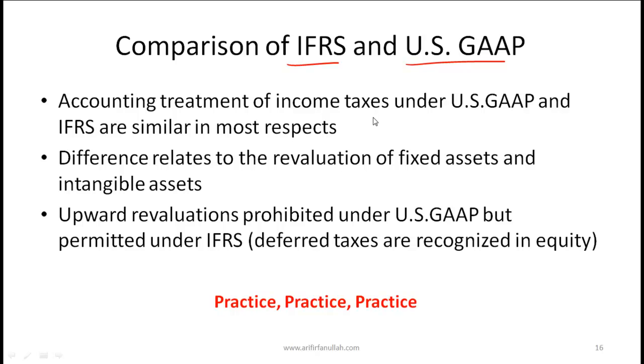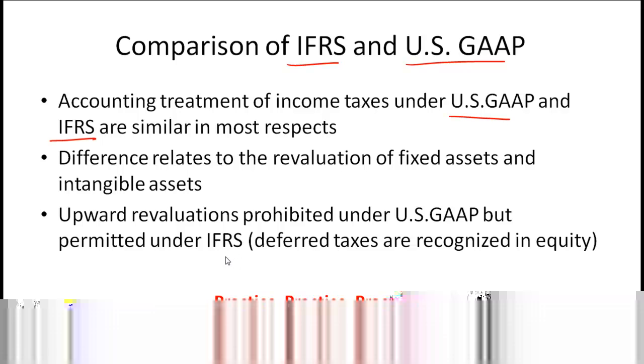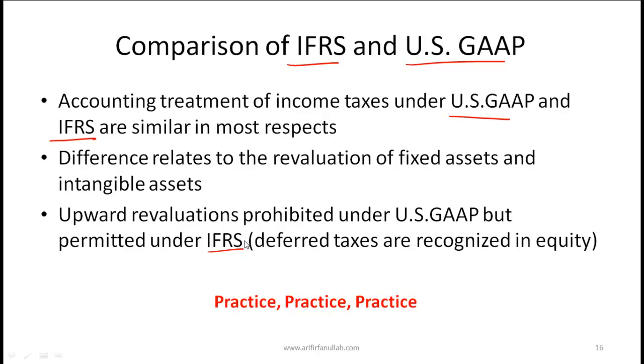But again, don't get too hung up on this. The core points are that accounting treatment of income taxes under US GAAP and IFRS are similar in most regards. Differences relate to the revaluation of fixed assets and intangible assets. Upward revaluations are prohibited under US GAAP, but generally permitted under IFRS. So again, as I said, if you feel super diligent, go through the whole list.